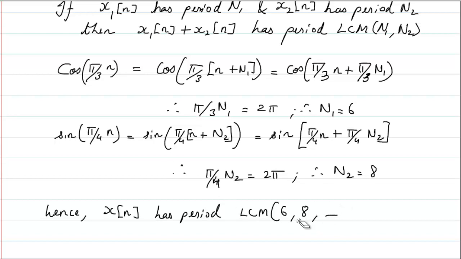Any number of signal periods you can write, and you can take the LCM of that. So here the least common multiple will be 24. LCM of 6 and 8 is 24. So now the period, therefore n0 is equal to 24. So the period is now 24.